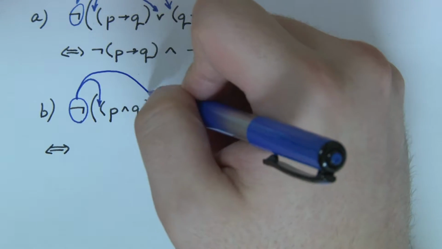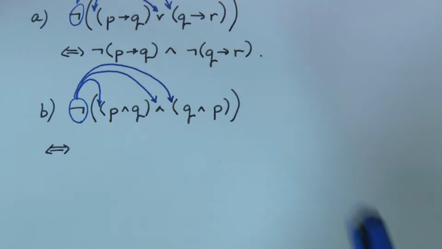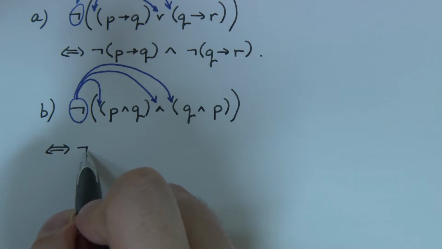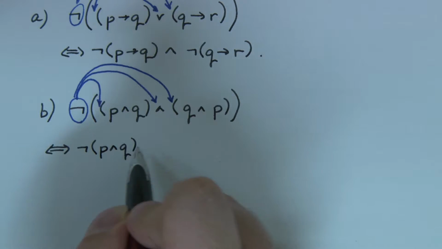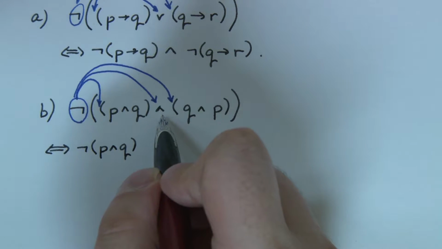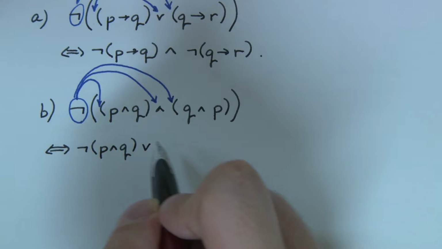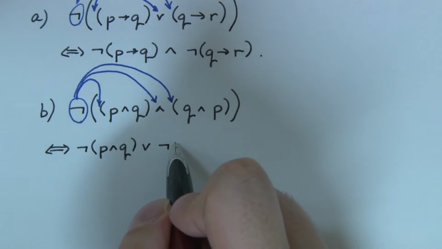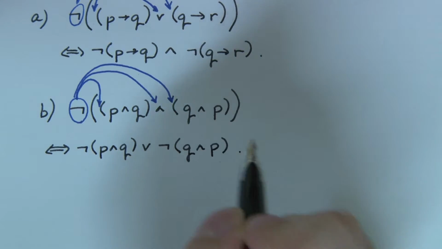We can apply it here and to this term as well. Okay, so I get not P and Q. Then negation applying to the conjunction flips it to become a disjunction, so I get an or. I get not, and the not right here, not Q and P.